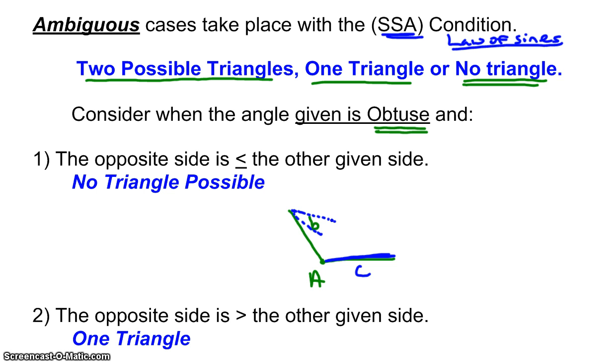And even if it were the same size as B, the best we can do is match it up, and I would only have a two-edged object.